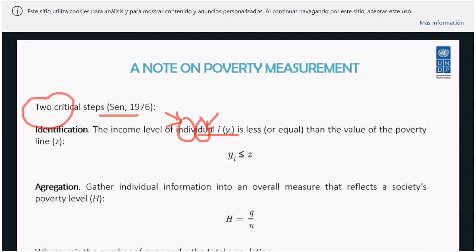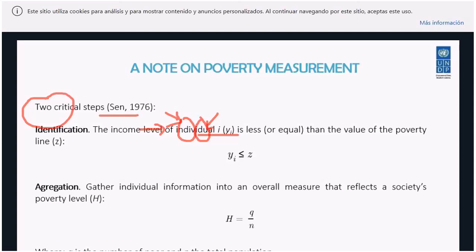But in either case, the identification of the poor is simply the same: individual income, either per capita or equivalence scale based, against the poverty line, right?